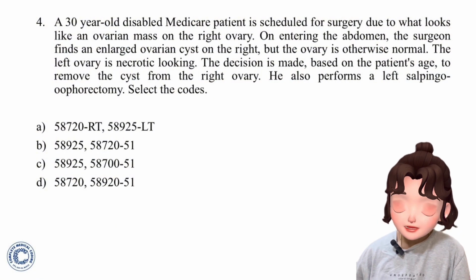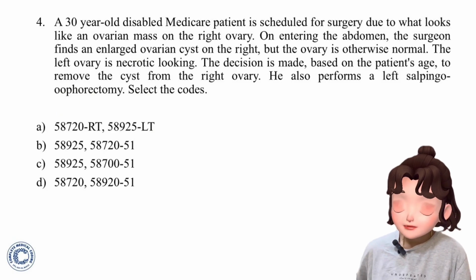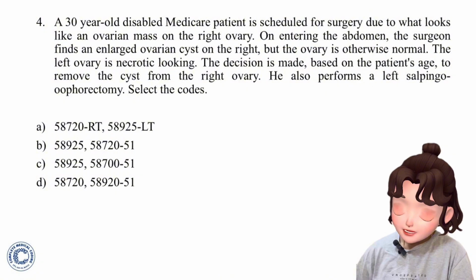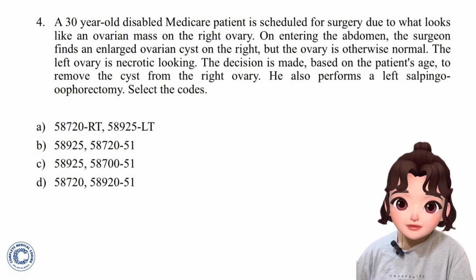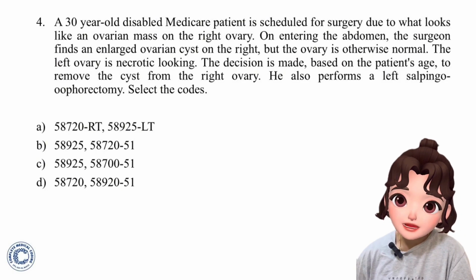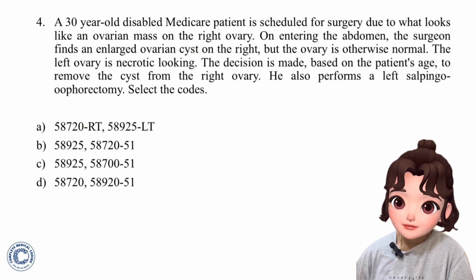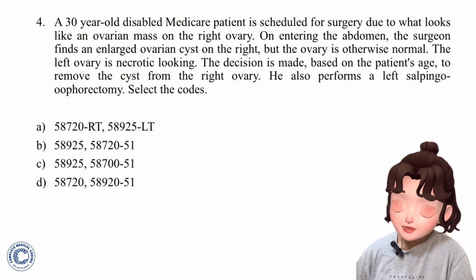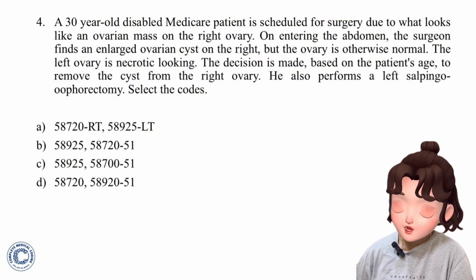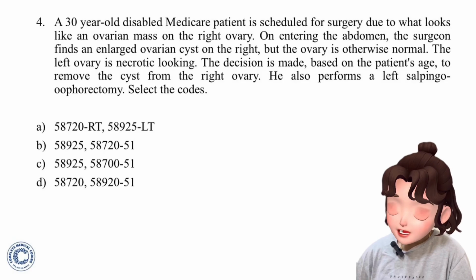What is 58720? Option A. 58720, same: salpingo-oophorectomy, complete or partial, unilateral or bilateral. This is the same procedure which we need.